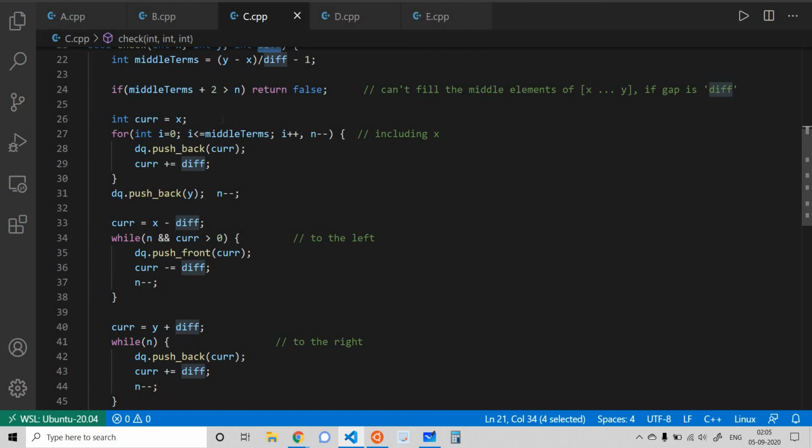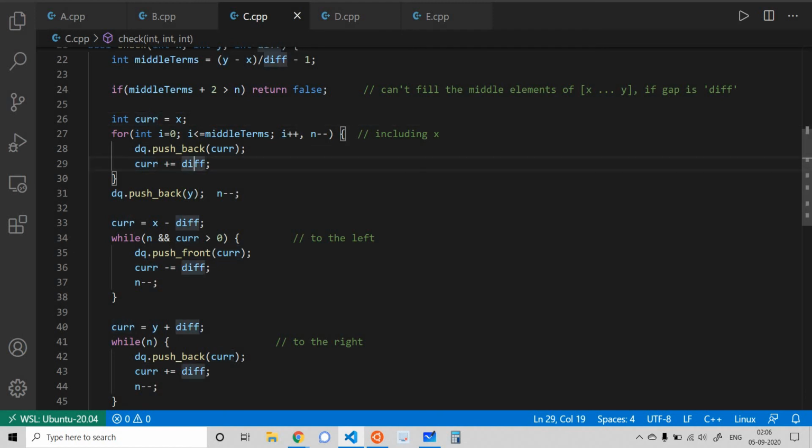Now first of all, I am filling up the gap which is between x and y. I've initialized my current to x, and I keep filling in till the current value reaches y, and I'm incrementing the value of current by div each time.